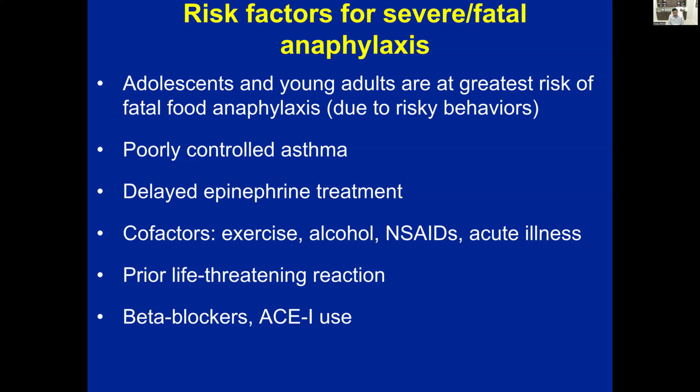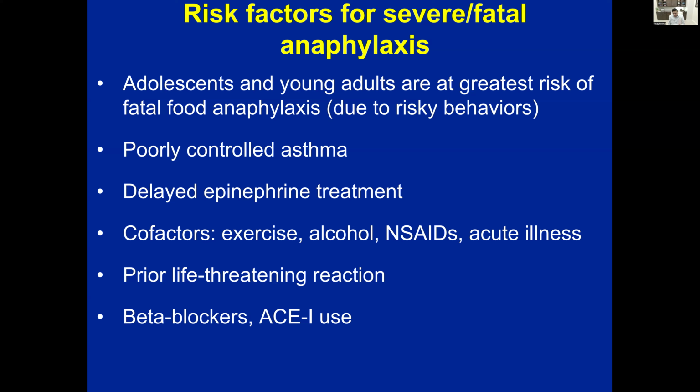So the idea here is by giving on a sustained basis the same food that you're allergic to, you raise the threshold. By the way, oral immunotherapy works best in young children. It doesn't work as well in adults. The earlier you start, the better.